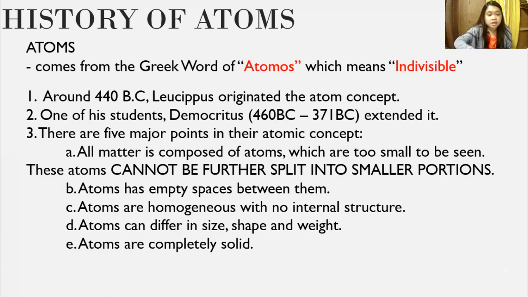So, a brief history of atoms. We know that atoms compose mostly all types of matter. So understanding the structure of atoms is also critical in understanding the properties of matter. The word atom comes from the Greek word atomos, which means indivisible.